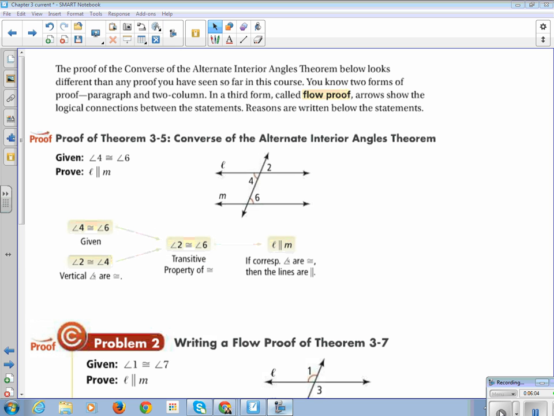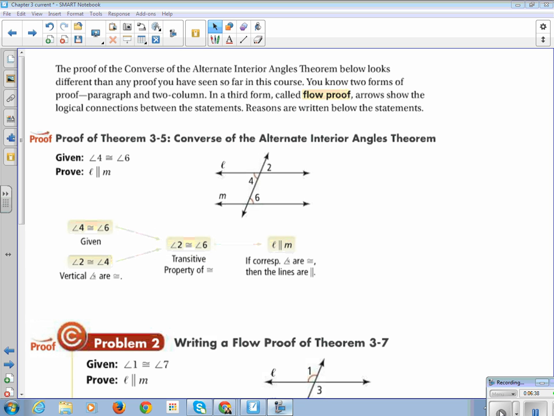And then what we're going to look at today is called a flow proof, where it's like a little flow chart figure where arrows show the logical connections between the statements and the reasons are written below the statement. So it's just a third way of writing a proof. And I believe if you watch the show Revolution, which is what I do, some of the coding in there is written as a flow proof.